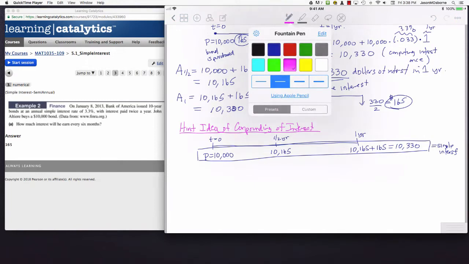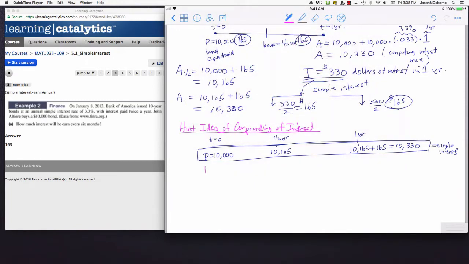If we switch to compounding of interest, the idea goes a little bit differently, but is still based on the simple interest idea. You still have $10,000 at the beginning, and you take the 3.3% interest that's been agreed on.